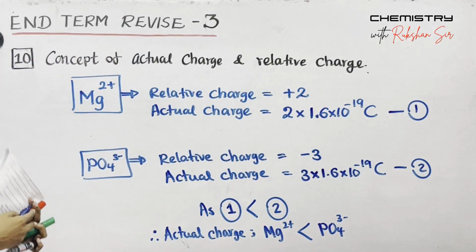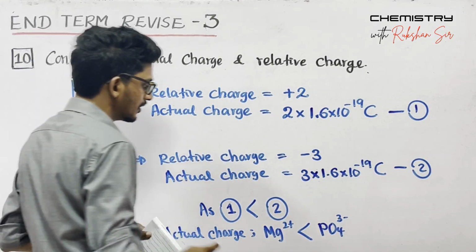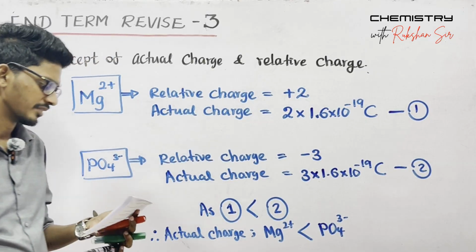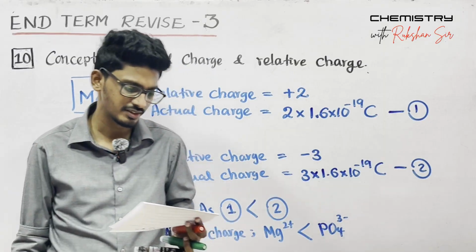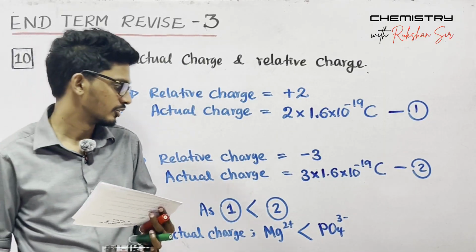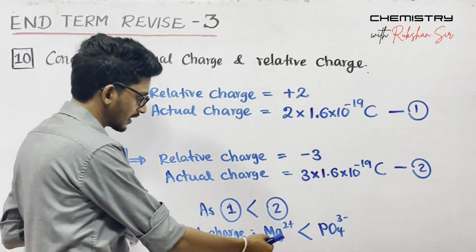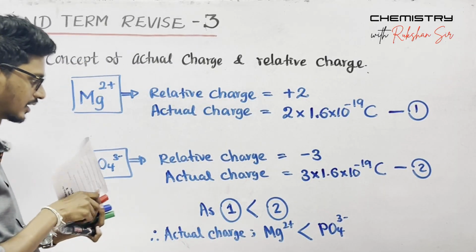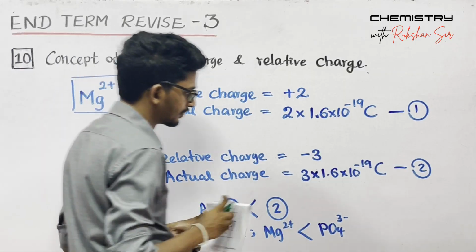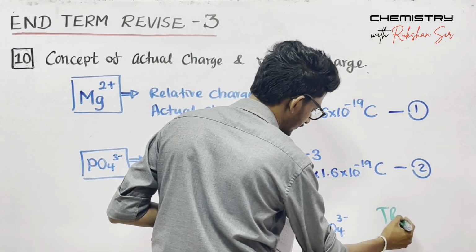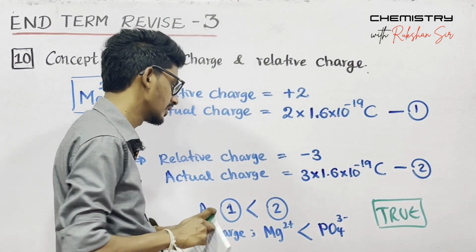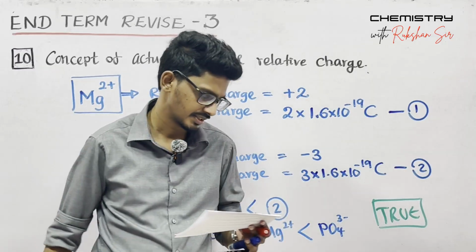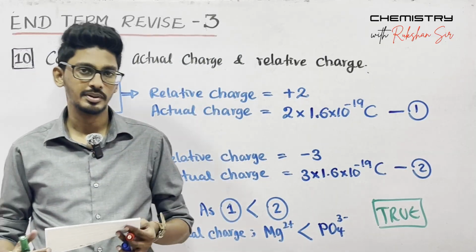So the phosphate ion has a greater actual charge than the magnesium 2 plus ion. Statement 10 says the actual charge of the magnesium 2 plus ion is less than that of PO4 3 minus ion. So that is true. This guy's actual charge is less than that of PO4 3 minus, so the statement is true. So that is the review for statement number 10.